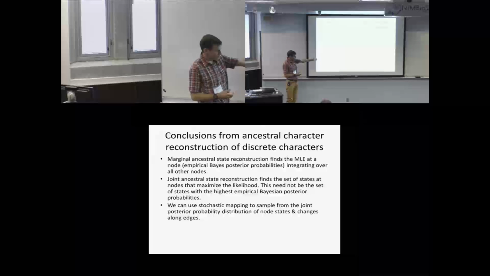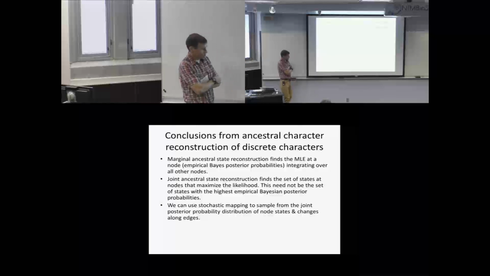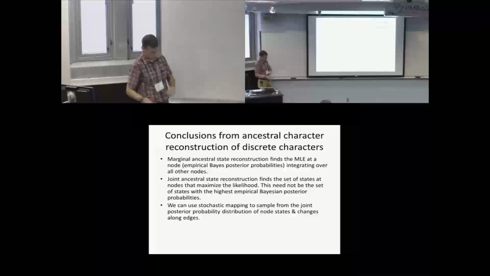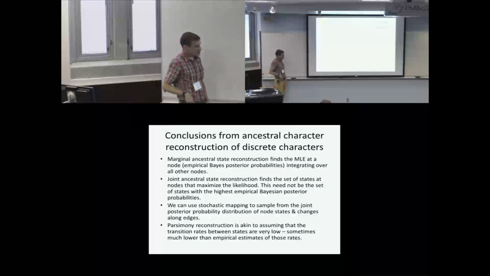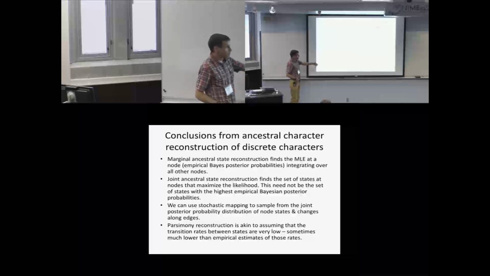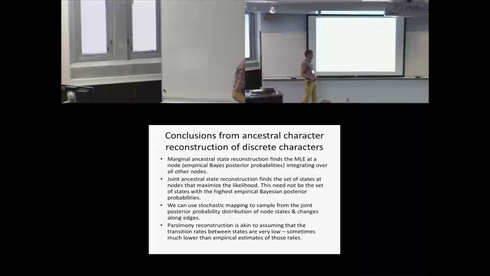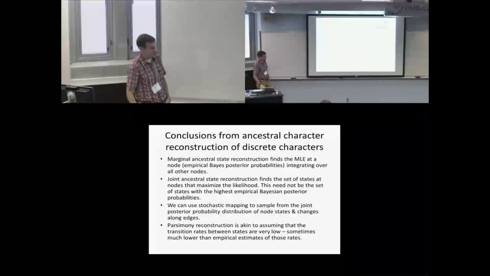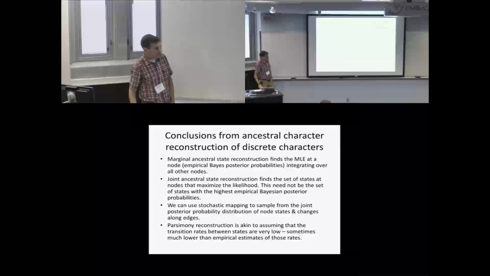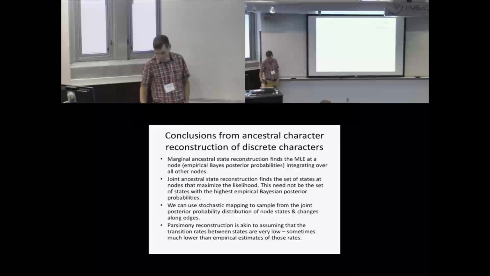And the method of stochastic character mapping is one in which we're sampling states at internal nodes from their joint posterior probability distribution. And then I would argue that a parsimony reconstruction is akin, at least sometimes, to assuming that the transition rates between states are low, even if contrary evidence exists in our data.